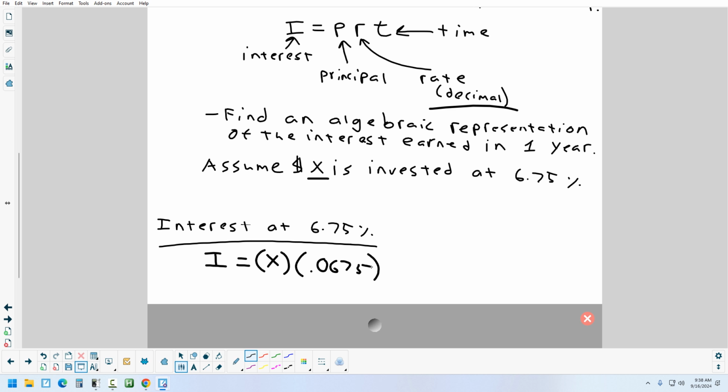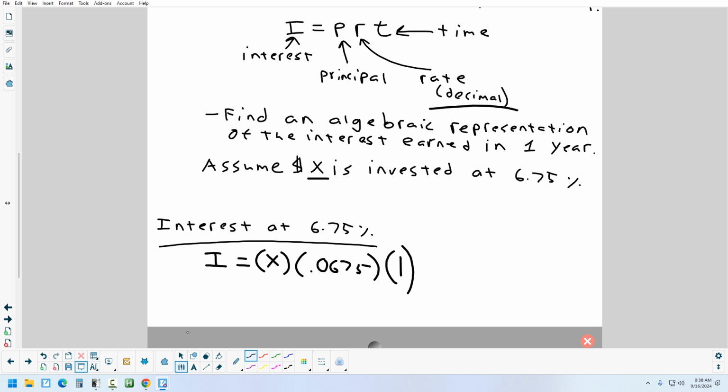And what's the time for this investment? 1. Yeah, just times 1, so I don't even need that. So the interest earned in this investment, we're going to write it a little bit more standard, 0.0675x. It's not all the money, that's just the money at that investment.